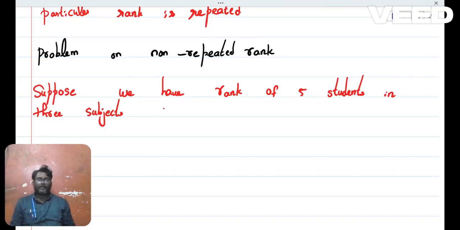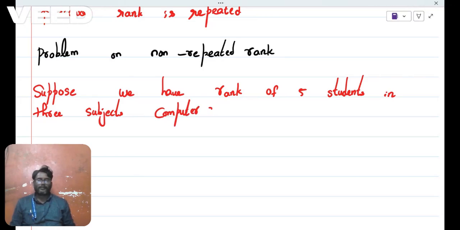They are computer science, physics and chemistry.